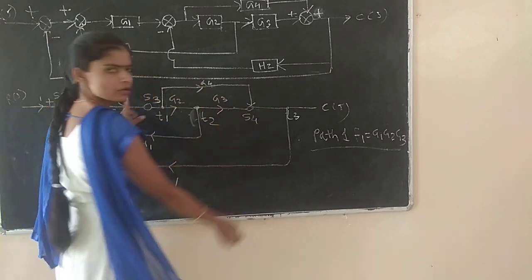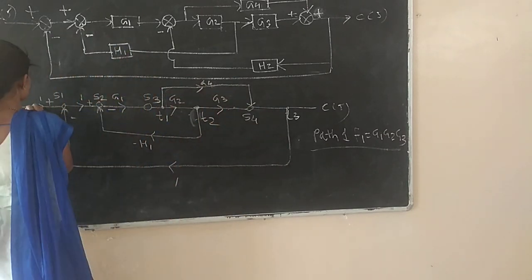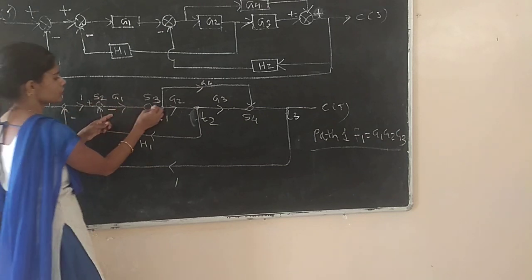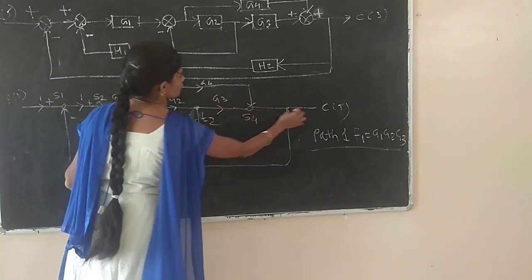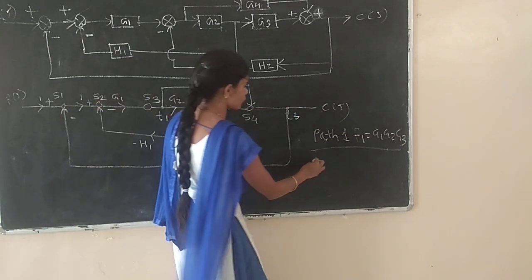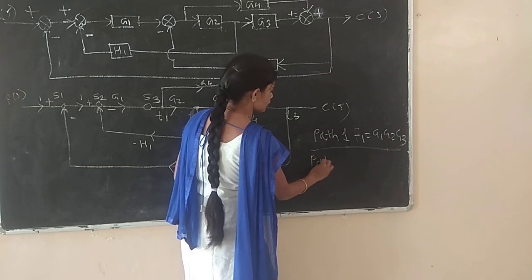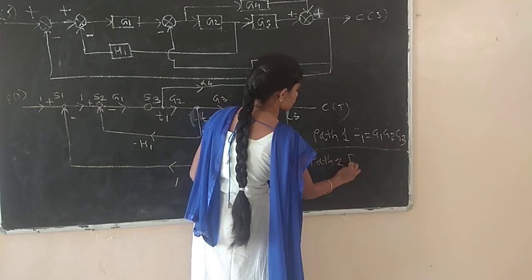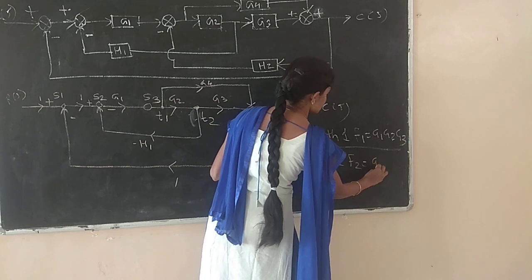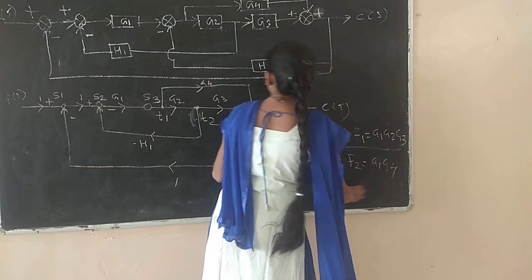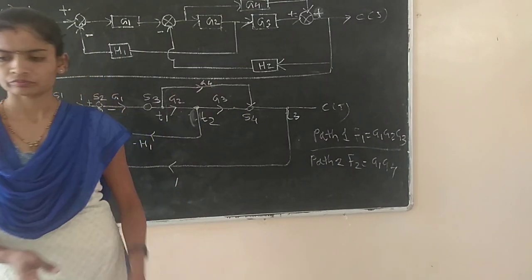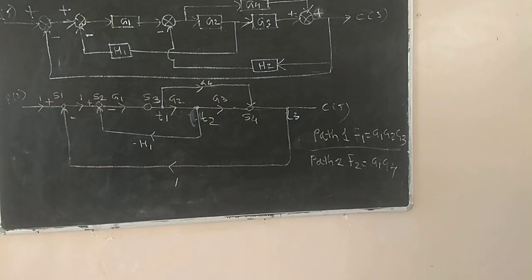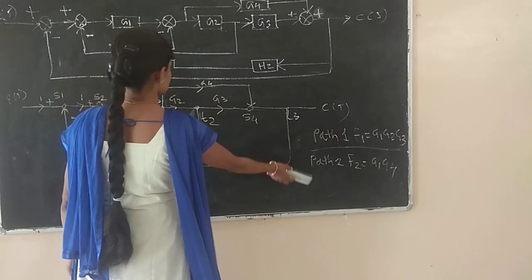This is the second forward path, F2 equals G1 and G4. In this diagram we are getting two forward paths, F1 and F2.